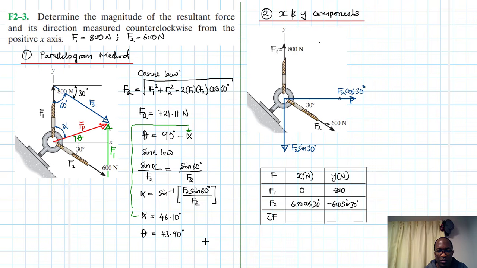Okay, let's sum them up. We are summing these columns. So this is going to be 600 cos 30, which gives us 519.6152. The reason I'm writing 4 decimal places is to preserve my accuracy. The final answer will have 2 decimal places.